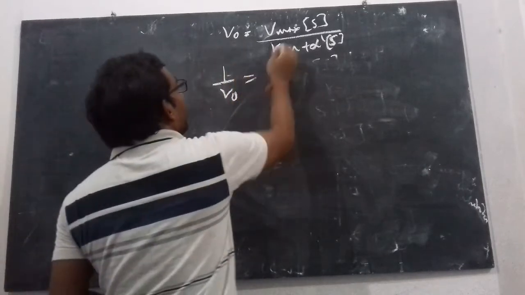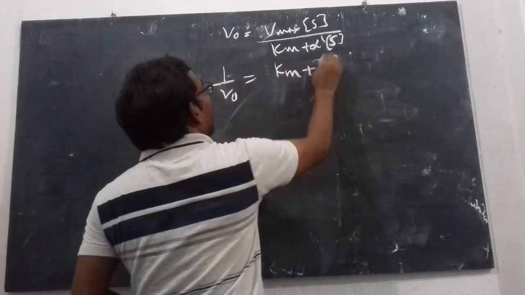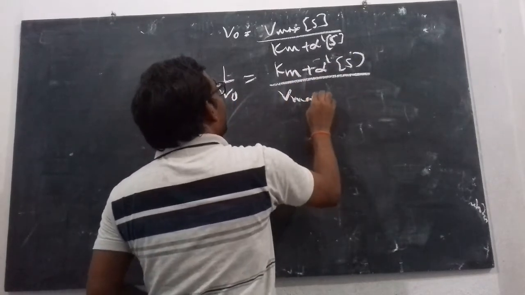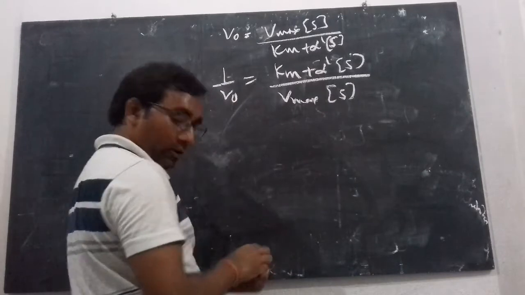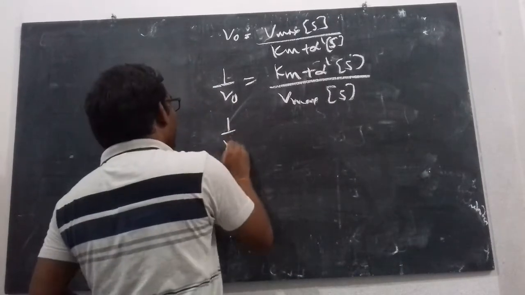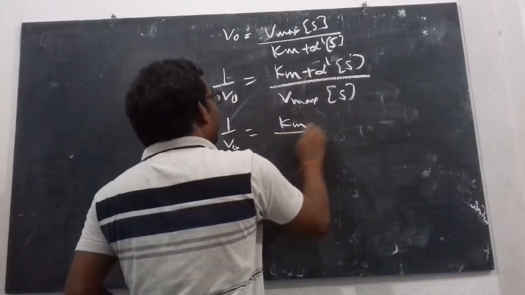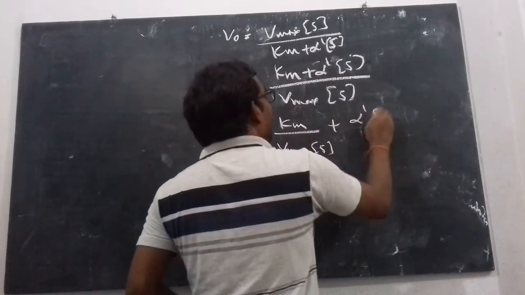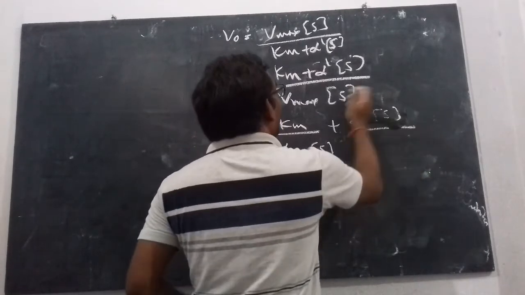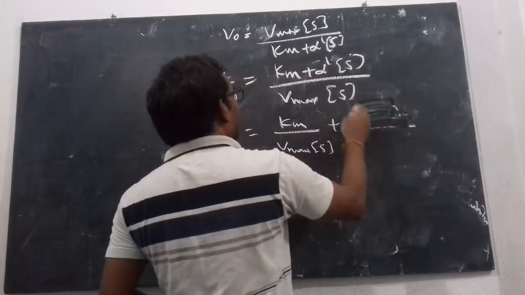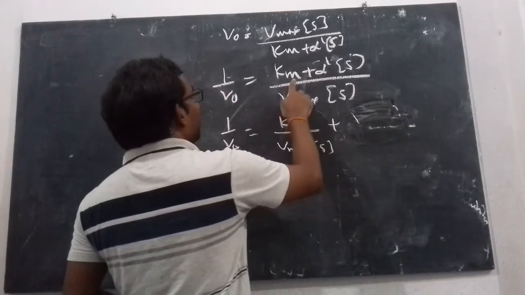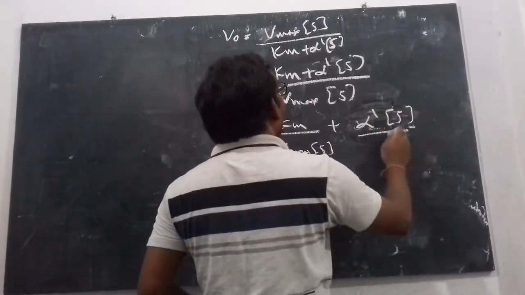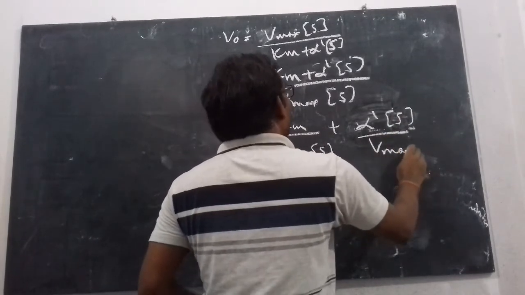You do reciprocal of this, so invert this also: Km plus alpha dash S divided by V max into S. Now you separate all the parts. 1 by V naught is equal to Km divided by V max into S plus alpha dash into S divided by V max into S.